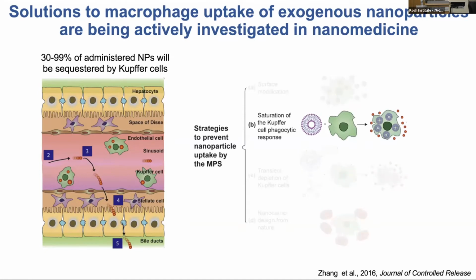What I really want you to focus on right now is this idea of Kupffer cell saturation, which essentially is the notion that you can deliver a high dose of particles that will occupy macrophages and essentially overwhelm their uptake capacity, such that when you then inject a subsequent dose of therapeutic nanoparticles, there will be less hepatic accumulation and more of them will get to your target site.